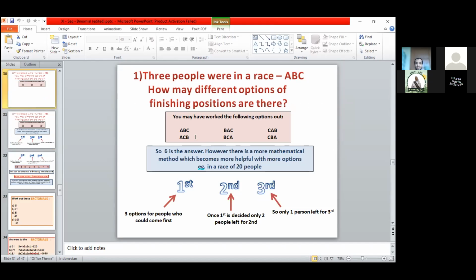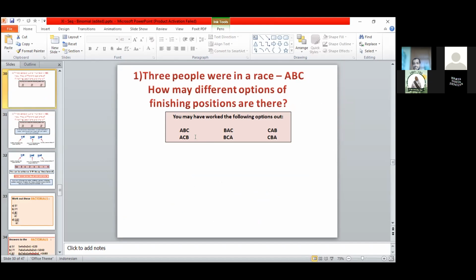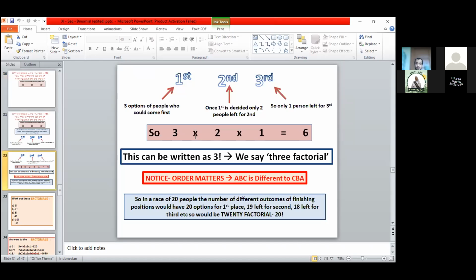Yeah, so in short, langsung saja ke intinya, langsung ke rumusnya. To calculate the number, we can multiply all the numbers, each with the previous number, until 1.